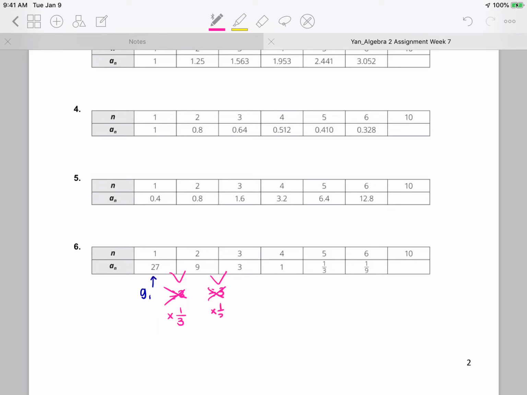We are multiplying by 1/3 to get to the next number. Okay, it's really important to know what you're multiplying with to fit it in your formula. So I'm going to start off with g sub n equals, remember our first number is 27, times our pattern is 1/3 to the n minus 1.